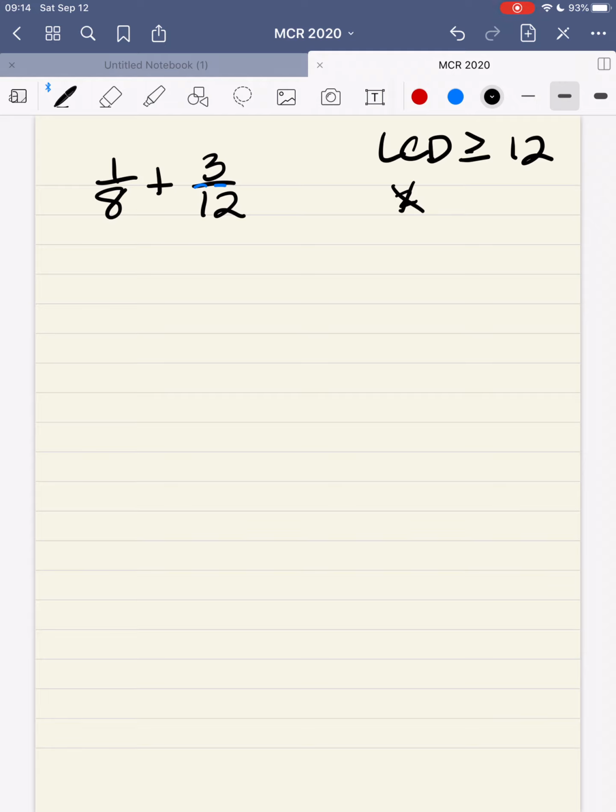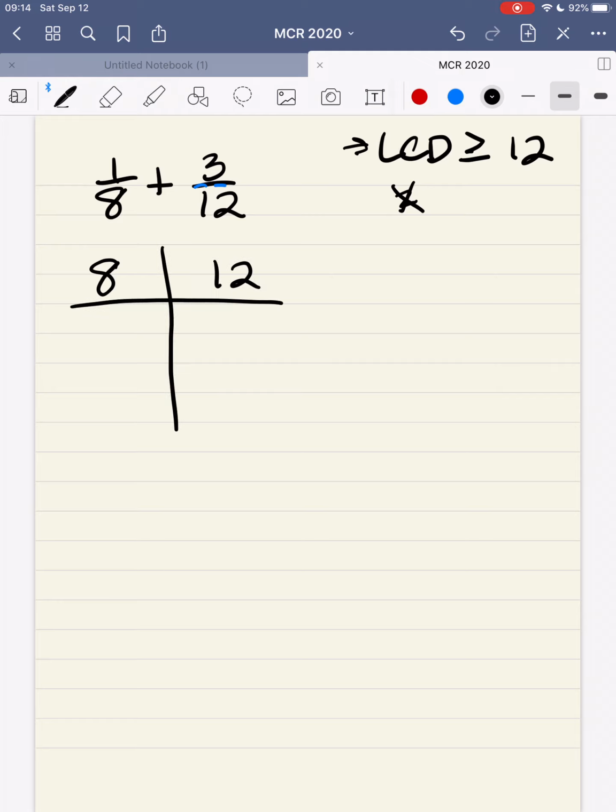All right. Now you certainly could multiply the denominators together and it certainly would work, but it wouldn't be your LCD. It's going to be a number bigger than your lowest common denominator, or the lowest number that they have at one time. So let's go ahead and look at 8 and 12.